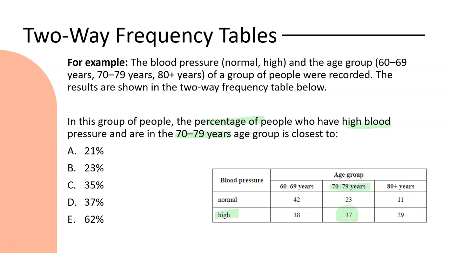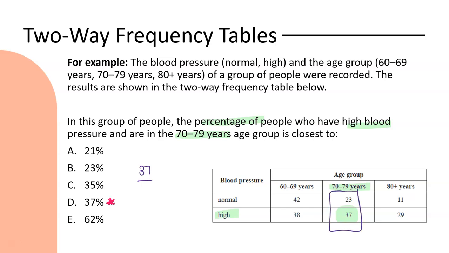So the first thing that we need to do is convert that 37 to a percentage. Just a little side note, they do put that obvious trick wrong answer there. So be really careful that you're checking what information you've been given and what the question's asking you for. To convert that, we take the 37 and divide it by the total number of our column.